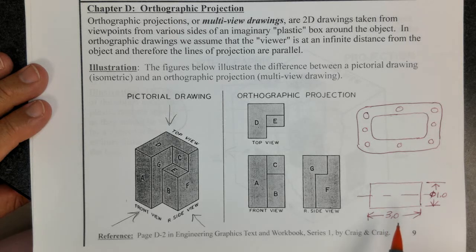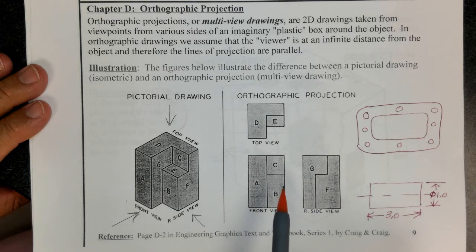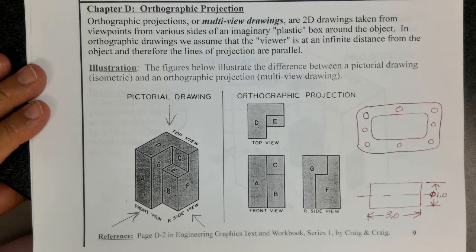This is not how I would draw a cylinder, but you could put the length of the cylinder, and you could also put the diameter of the cylinder. Okay? So, anyway, to make a long story short, 3 views are normally the number of views you would use to describe your part. If it's a complex or complicated part, you might need more than 3 views to describe it. Okay? All right.